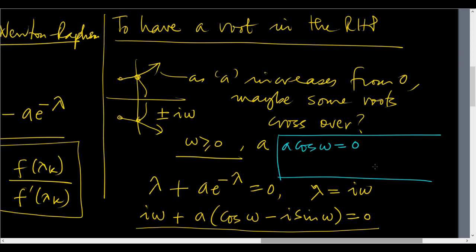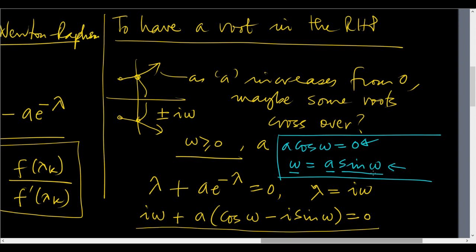That is the real part. This means sine of omega is plus 1 or minus 1. See, because a is not 0, a is greater than 0, therefore cos omega is 0. The other equation is omega equals a sine omega. We have assumed a is positive, omega is positive. Sine omega is plus or minus 1 according to this equation. According to this equation, we know that it is plus 1 only.